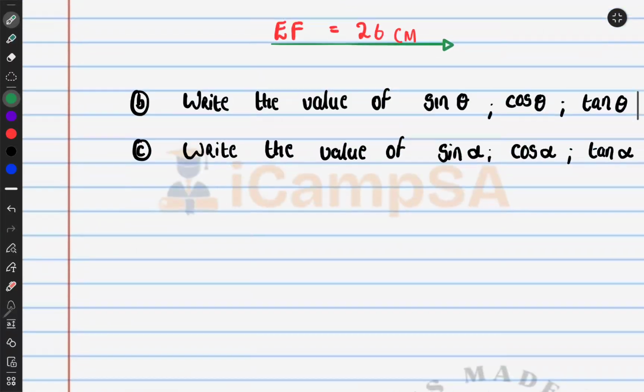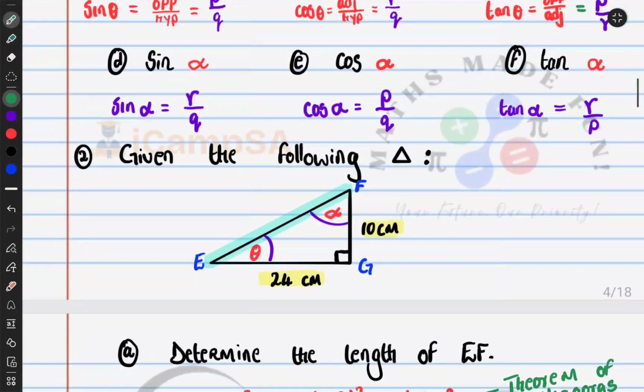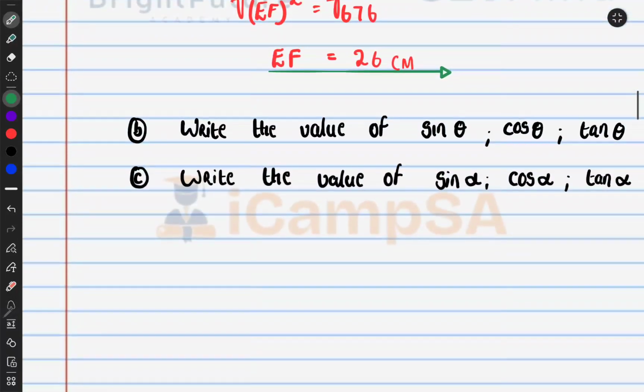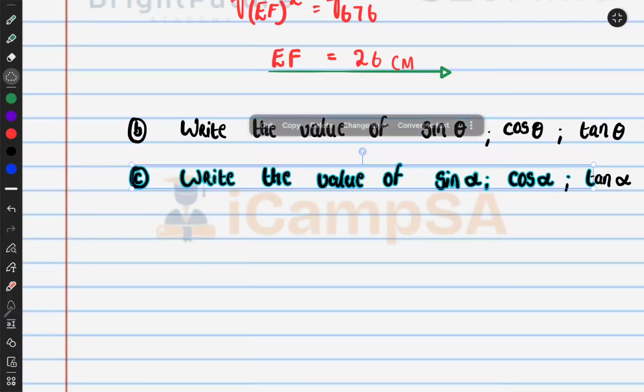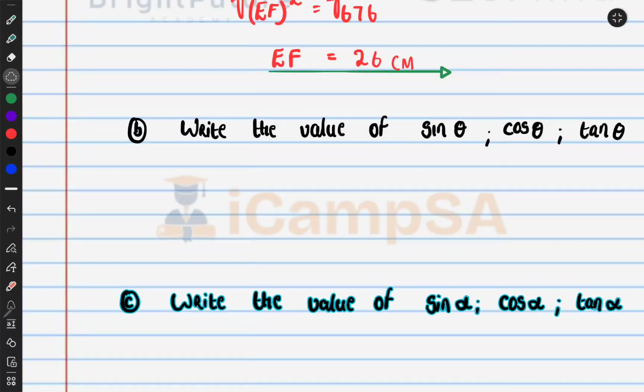Okay, next, write the value of sine theta, cosine theta, and tan theta. So we already know that the side EF is 26 centimeters, so we can evaluate those.